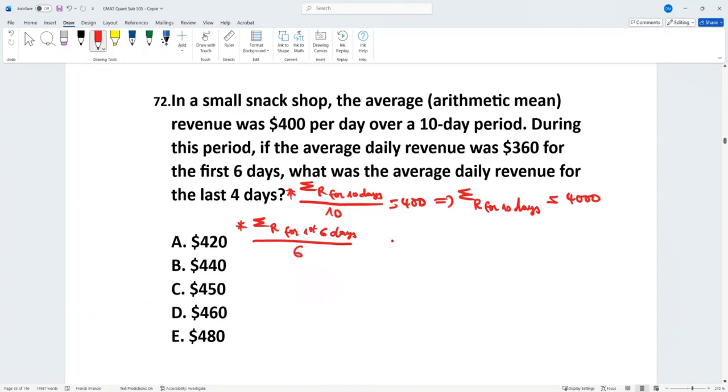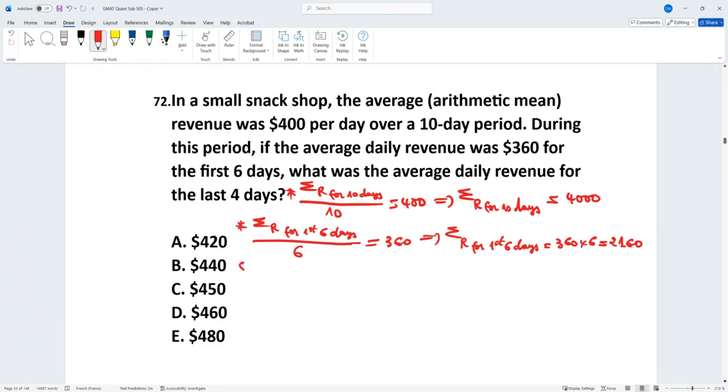So 6 is the number of days, so 6 days is equal to 360. So now we can say that the sum of all the revenues for the first 6 days is equal to 360 times 6, which is 2,160.